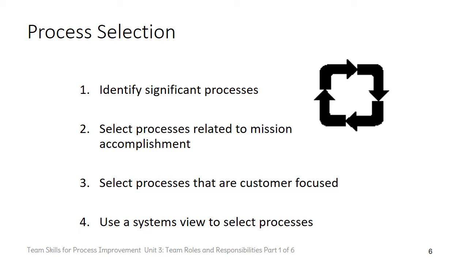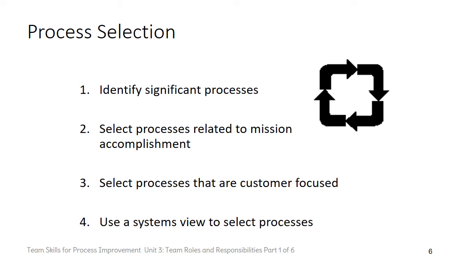For example, they may choose an administrative function like preparing the watch bill. You may want to look at support processes eventually, but they aren't the highest priority. The most important processes are those that keep you in operation, that affect mission accomplishment.